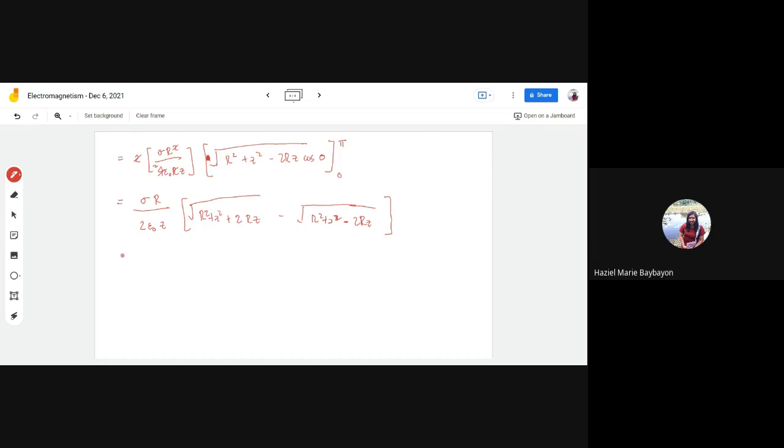Okay, we can further simplify this one. We have sigma r over 2 epsilon naught z, and then we can factor this.